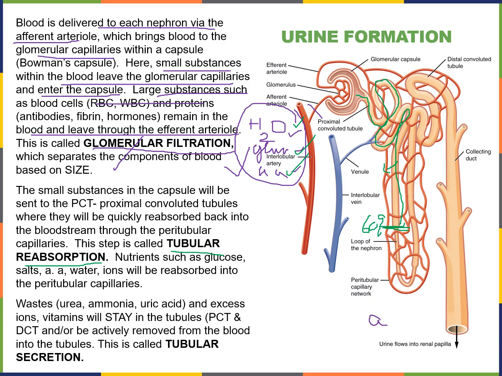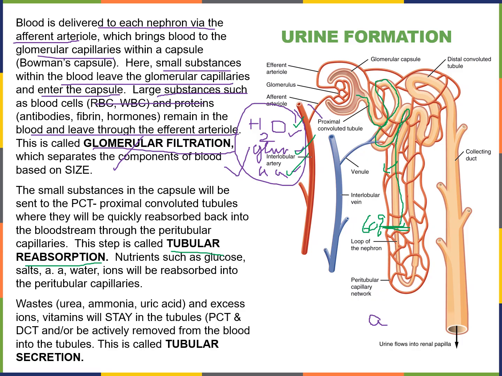So they all are put back into blood. And that explains why the peritubular capillaries are wrapped around very intimately with this tubule system of the nephron, because it allows for substances to be moved from tubule into blood and from blood into tubule.